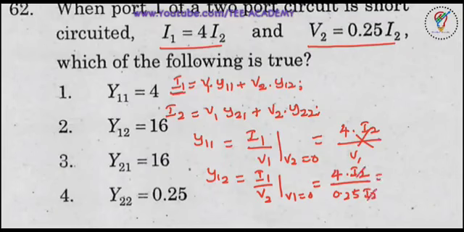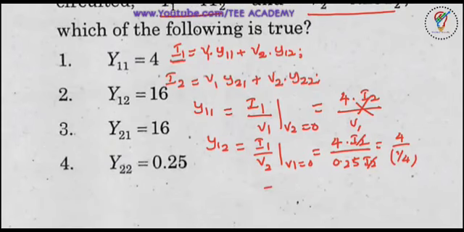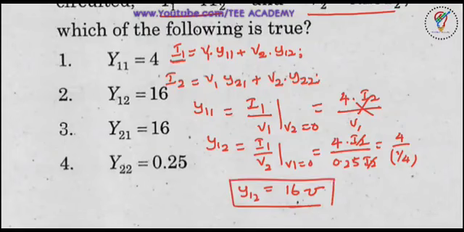I2 gets cancelled. So 4 divided by 0.25, and 0.25 can also be written as 1 by 4. So finally it can be written as 4 into 4, which is 16, and the units are Siemens. So remaining options you can also check, and this will be the correct answer. So Y12 is 16.